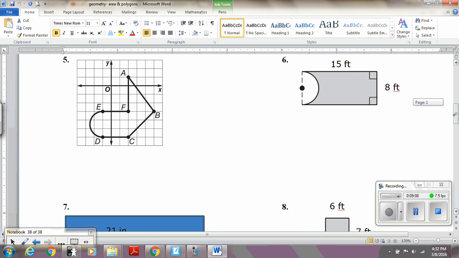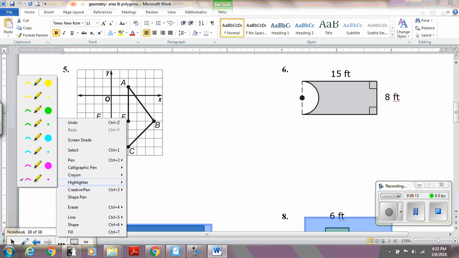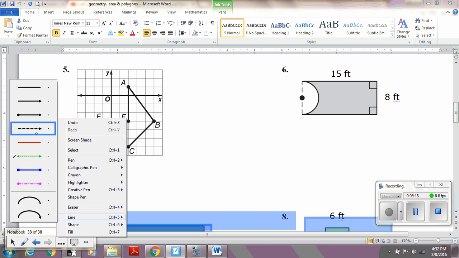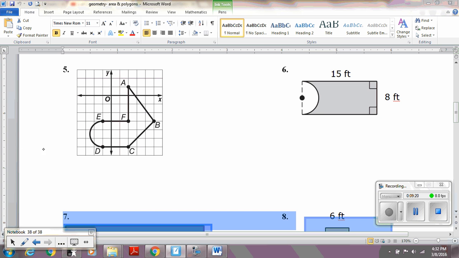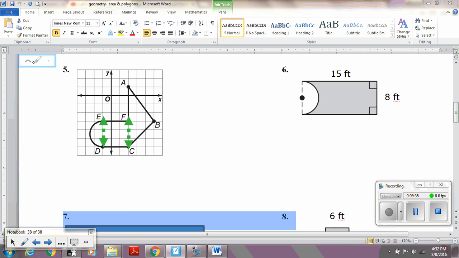On number 5, it's a composite. What I would do is form a complete triangle here, and then a square here. So again, I have 3 figures. If I find the area of them individually, I would add all areas together.